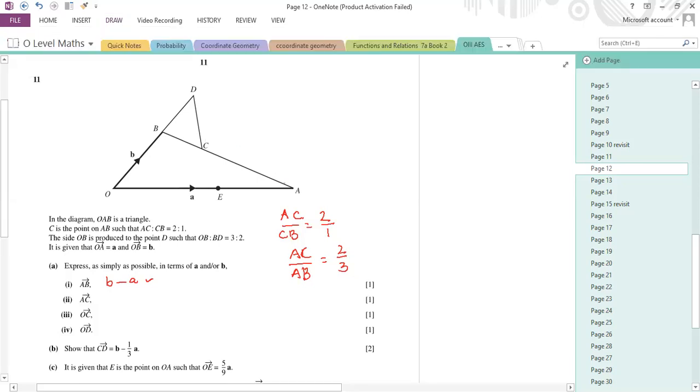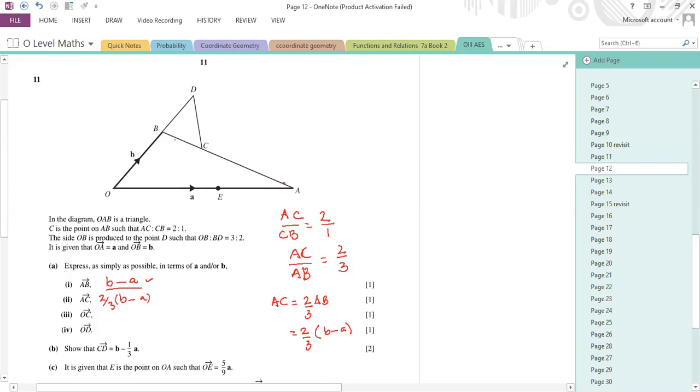So we know that AB is how much? We have already got it here. So we can say that AC is actually 2/3 of AB. Now we will plug in the value of AB and it will become 2/3 of (B minus A). Hope it is clear. Now 2/3 of (B minus A). We'll put it in brackets.